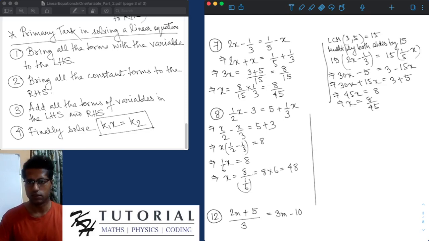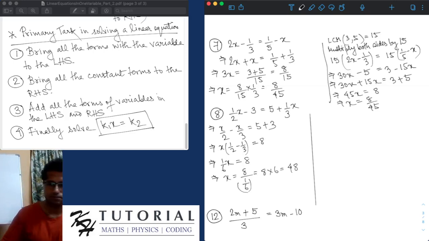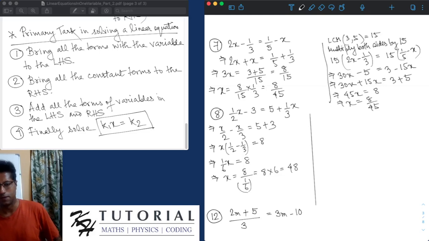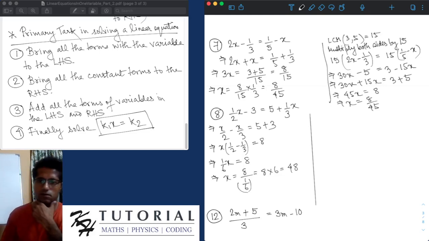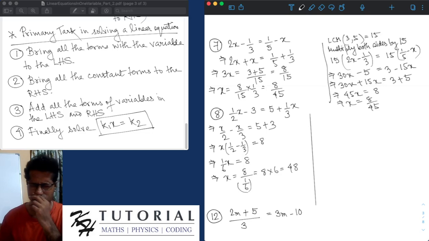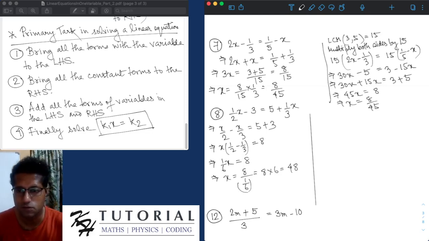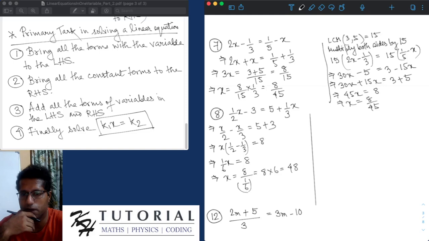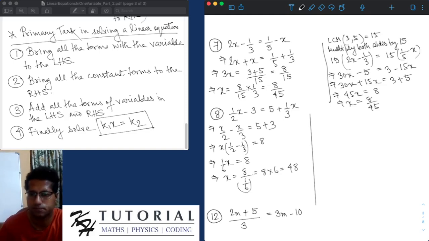Now, as an alternate method, since there is fraction or rational x by 2 and x by 3, if you want to eliminate that, if you don't want to work with the addition and subtraction of rational numbers or fractions, then what we will do is, we see that the rational terms, x by 2 and x by 3, have the denominators 2 and 3.